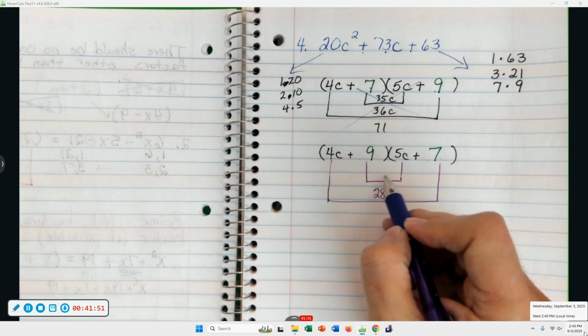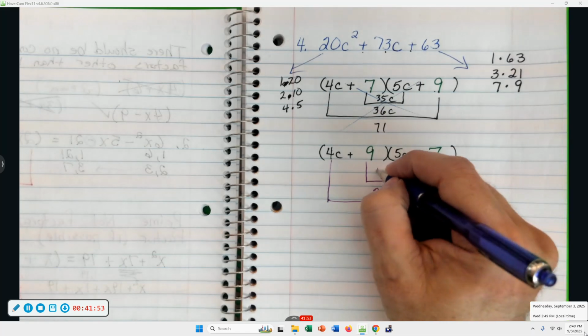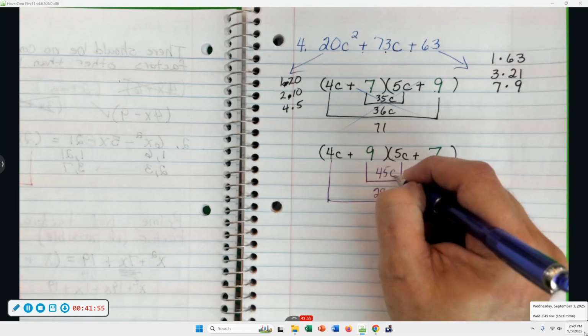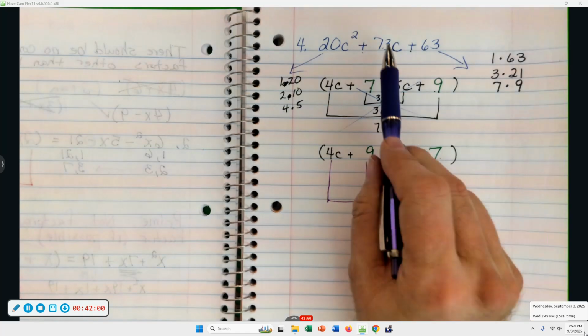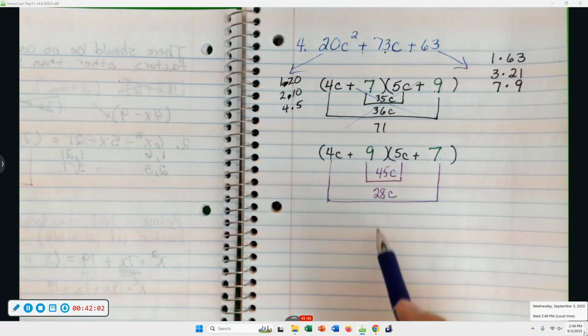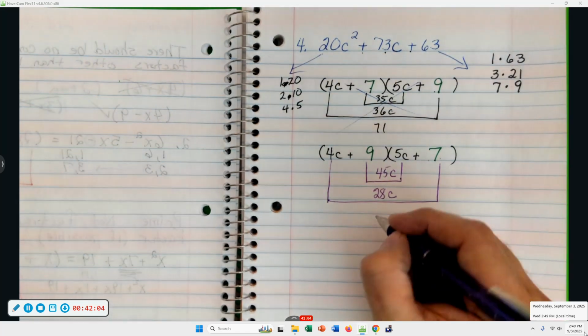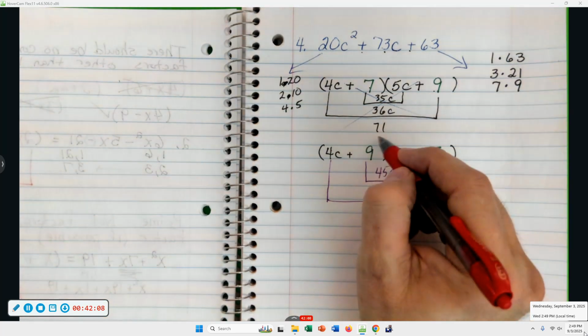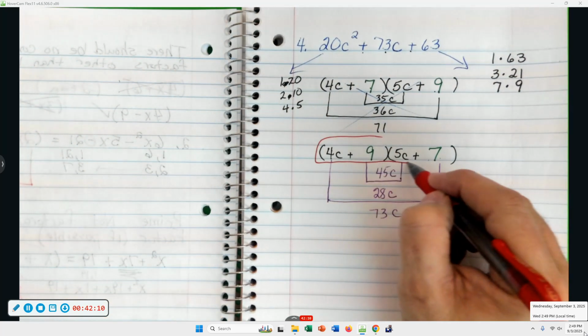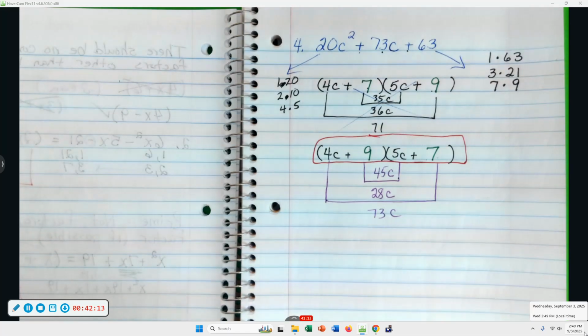And the inner? 45c. Are those going to add together to give what? 73. Do they add together to give 73? Yes. And we have done it. Here's our 2 sets of parentheses. If it says factor in the instructions, your final answer is going to be 2 sets of parentheses. And it's a trinomial.